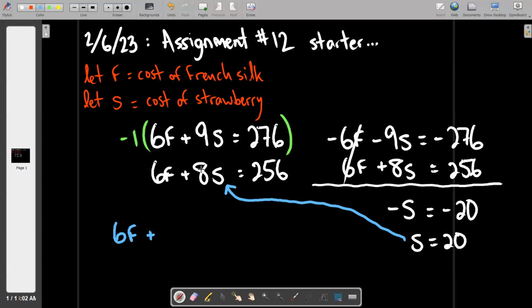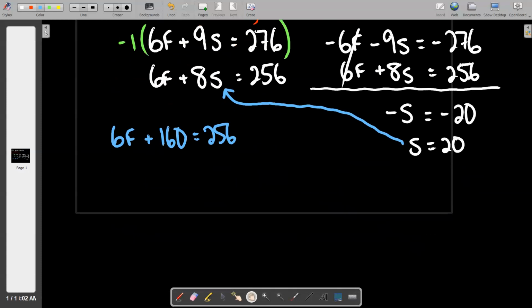We have to multiply 8 by 20. Remember, when you put it in, you're multiplying, right? And then you've got to just solve the resulting equation, and you wind up with 6F equals what?